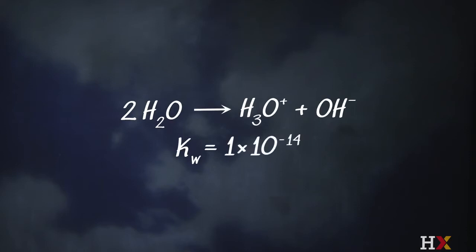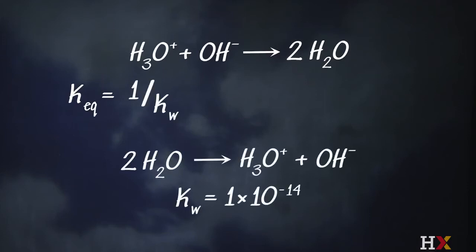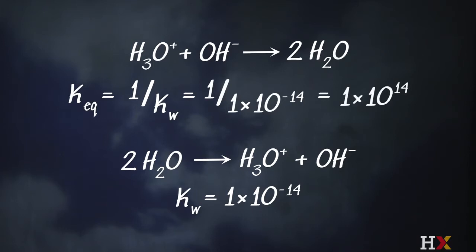But now we know we can calculate the equilibrium constant for H3O plus and OH minus because it's just the inverse of the equilibrium constant for the reverse reaction. So that means that the equilibrium constant for this reaction is equal to 1 over Kw, and that is 1 over 1 times 10 to the minus 14, or 1 times 10 to the plus 14, as we looked at before.